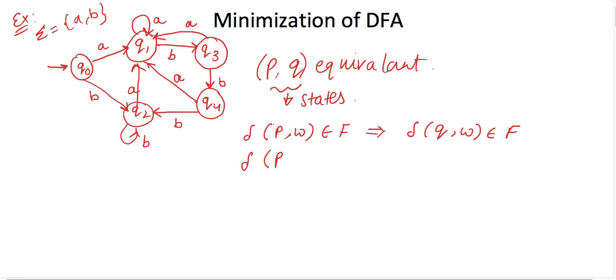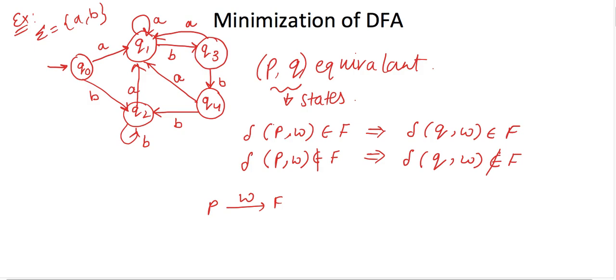Or for equivalence, this should also be true. On state P, upon scanning W, any string, if I am not moving to a final state, I am going to a state other than a final state, then for the transition function on state Q, upon scanning W, I should also go to a non-final state. Is it clear? What I mean to say is, suppose I am on state P and I have scanned string W and reach a final state.